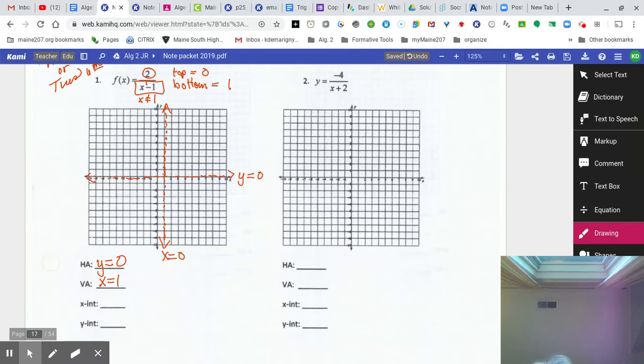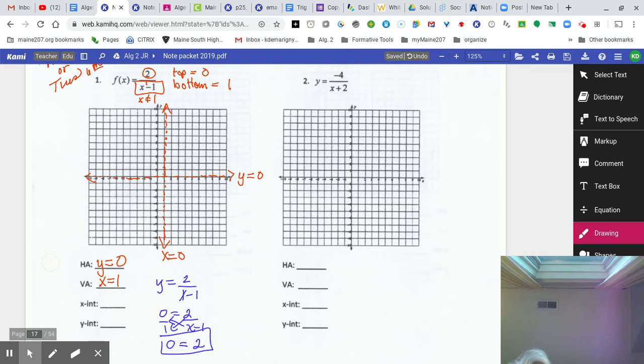The x-intercept, remember, you let y equal 0 and you solve it for x. So what you have is y equals 2 over x minus 1. And if you're going to let the y equal 0, it's 0 equals 2 over x minus 1. And remember, when you cross multiply those, 0 times x minus 1 is just 0, and 1 times 2 is 2.